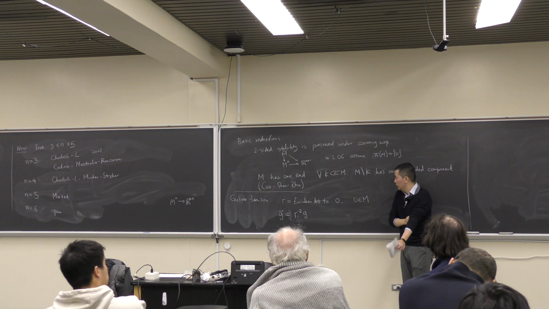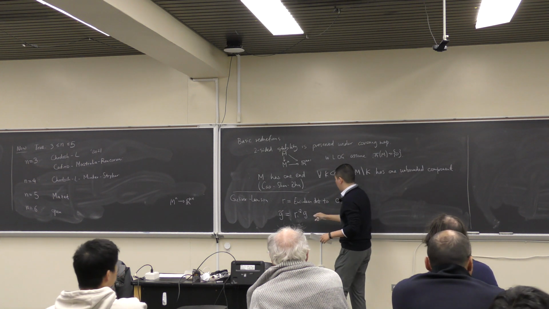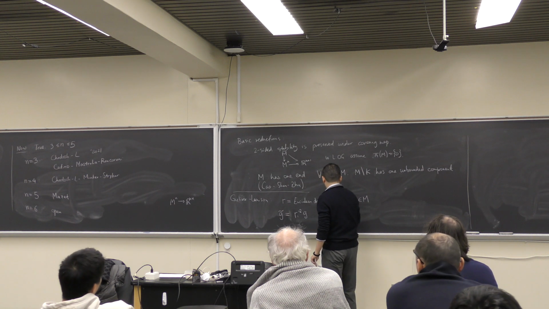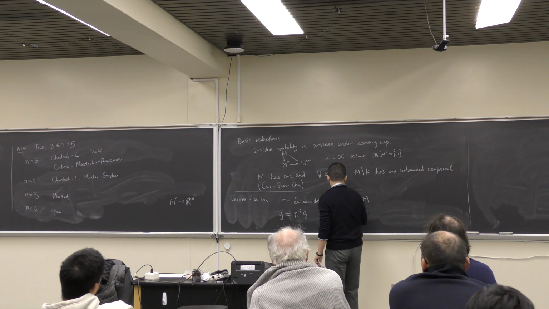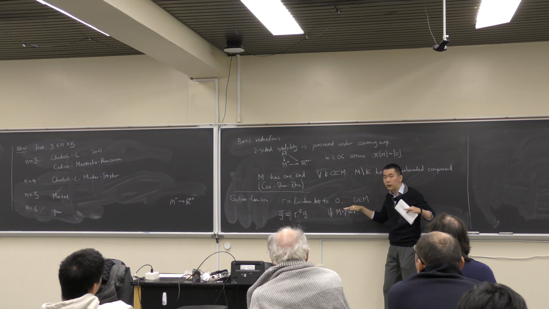Okay. Now let's see what we're trying to prove. In the model case, if M is just a plane or hyperplane, then what this is doing is changing a plane to a cylinder.